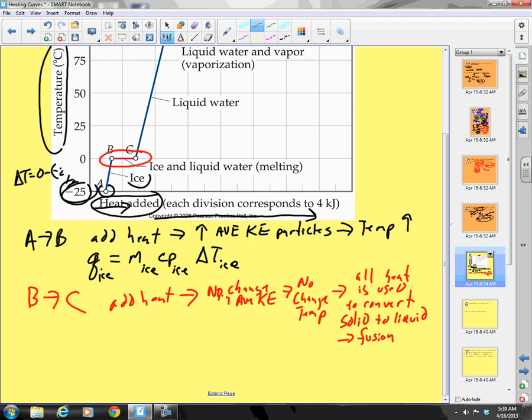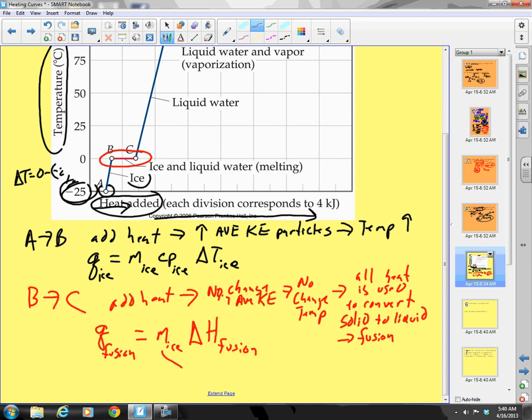Got it? And what's interesting is the temp does not increase until every bit of that ice has first been converted to liquid. So now, how do I get Q for fusion? We use a different calculation. I'm going to use the mass of my ice times delta H, my latent heat of fusion.